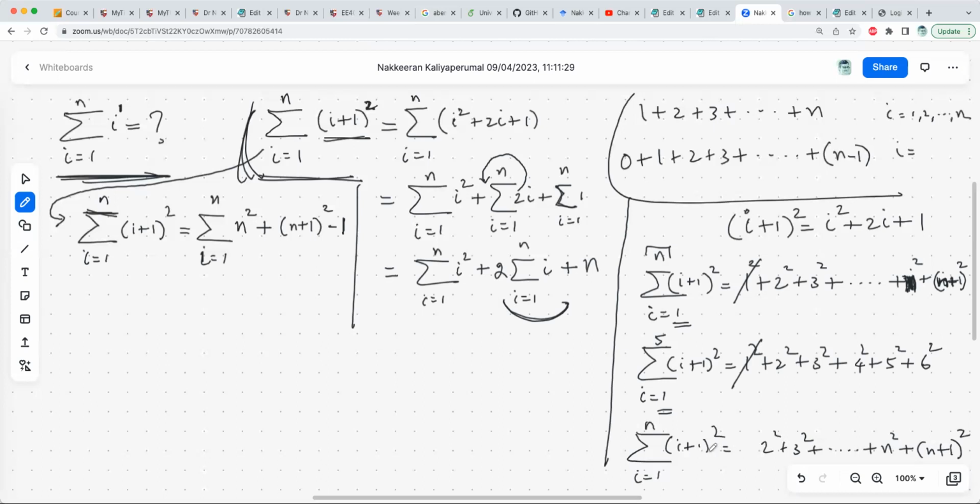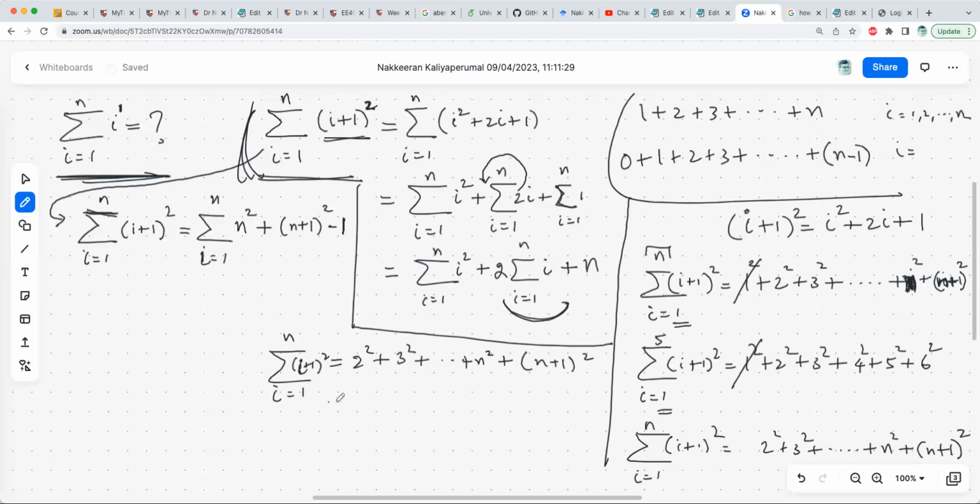So let's write it here for easy understanding. 2 squared plus 3 squared plus up to n squared plus (n plus 1) whole squared is our summation i equals 1 to n of (i plus 1) whole square, right? Yes.